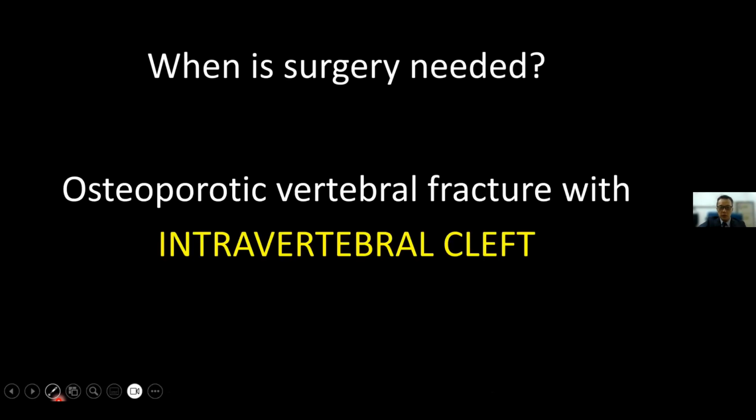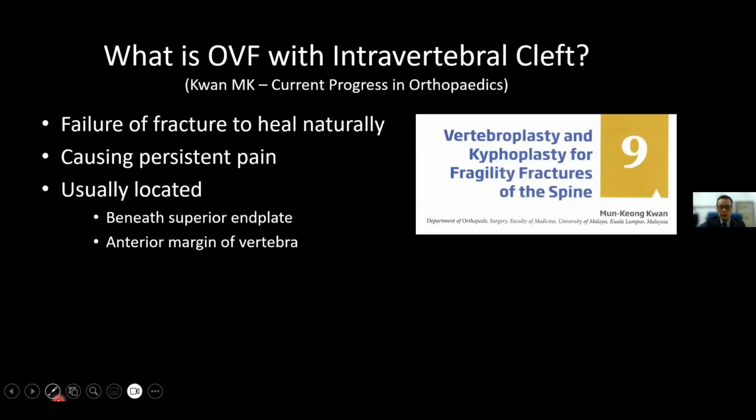Surgery may be needed in a situation where the patient has a condition called intravertebral cleft in association with the osteoporotic vertebral fracture. So what is this intravertebral cleft? It is a condition whereby the fracture fails to heal naturally, causing persistent symptoms, especially pain.